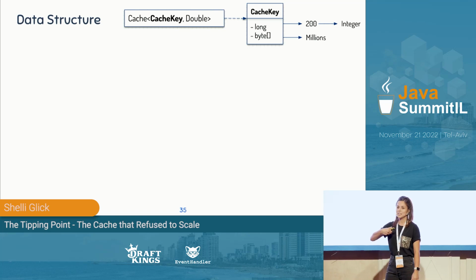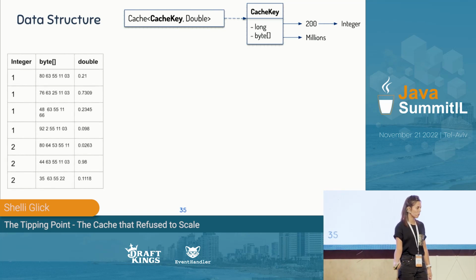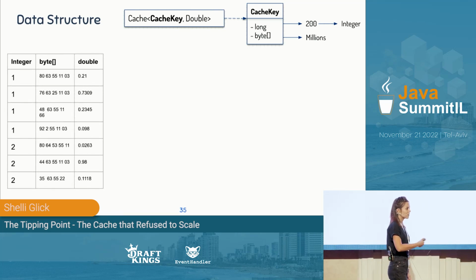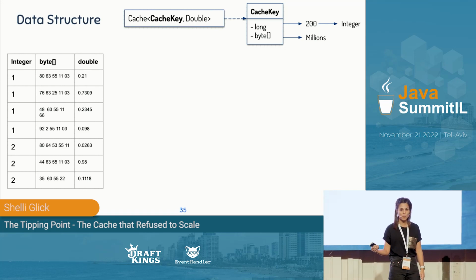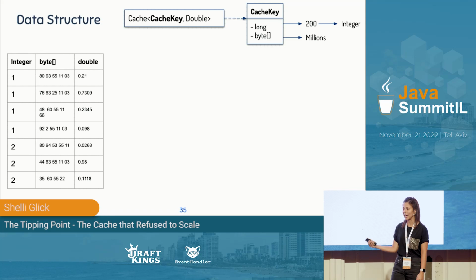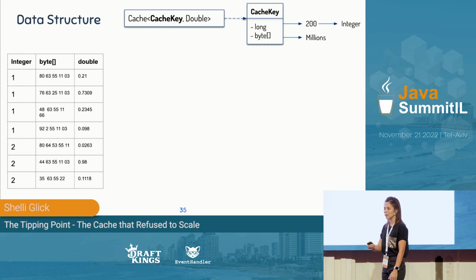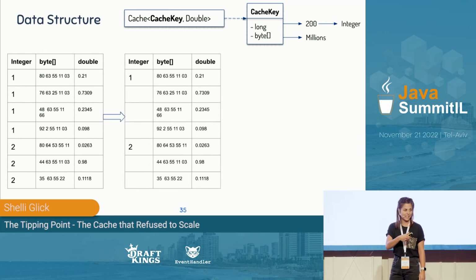And if we take an even deeper look at the data our cache is holding, we know that now our integer has only 200 distinct values, but each one of them appears millions of times in our cache. And so it'd be a lot better if we could save only a single instance of each value, right?